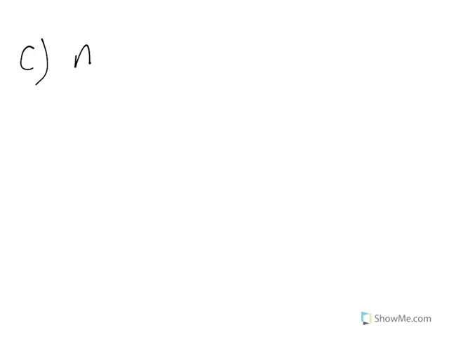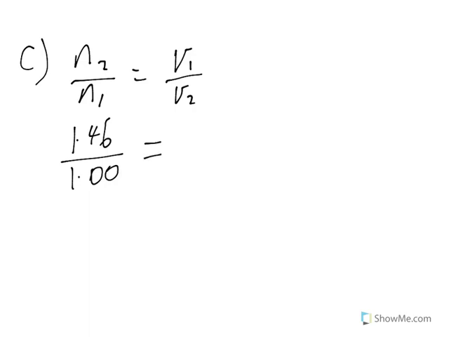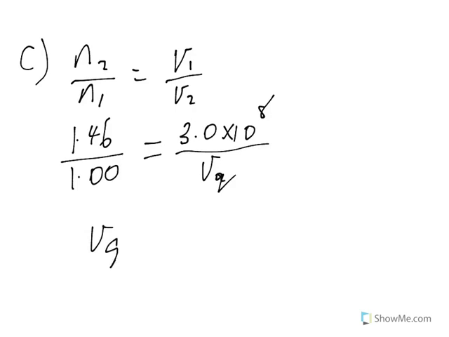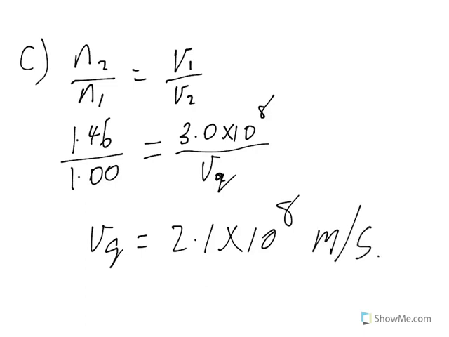So 1.46 over 1 equals the speed of light in air over the speed in the quartz. When you rearrange that, you find the speed in the quartz is 2.1 times 10 to the 8 metres per second.